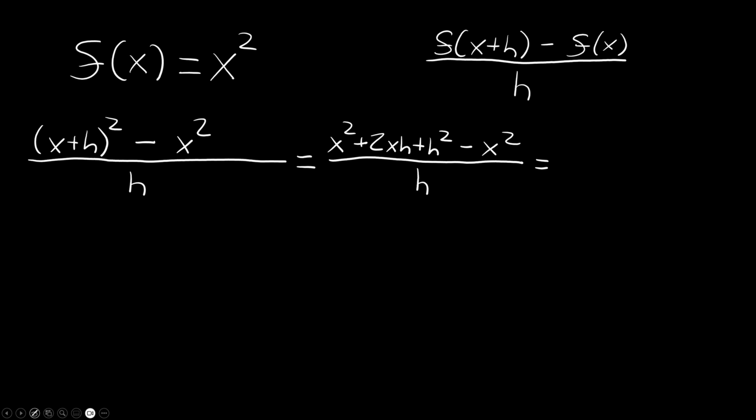We can combine terms, negative x squared, and we'll be left with 2xh plus h squared all over h.